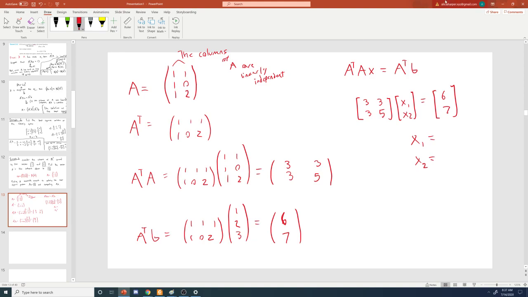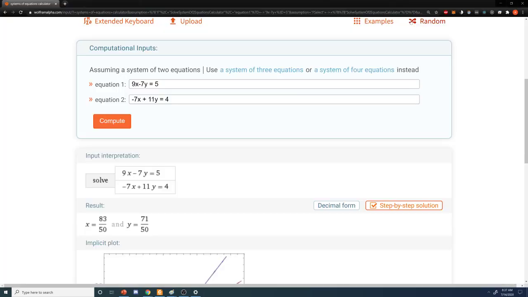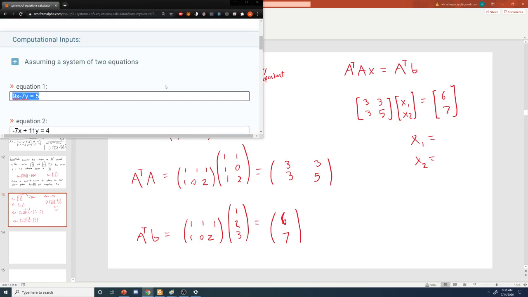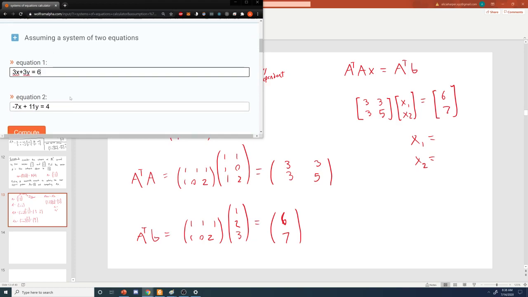Again, at this point in the course, we've solved enough linear systems, so I'm just going to go to Wolfram Alpha to help us out. And here we're going to find 3x plus 3y is equal to 6, and then 3x plus 5y is equal to 7.